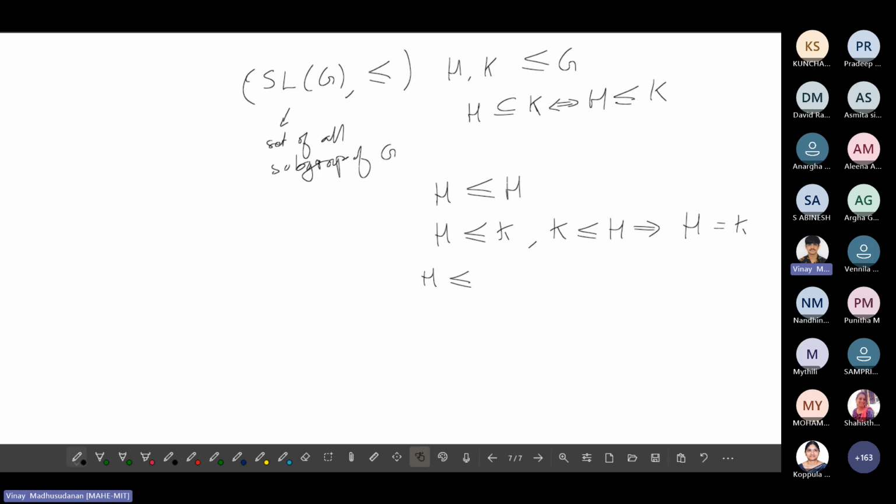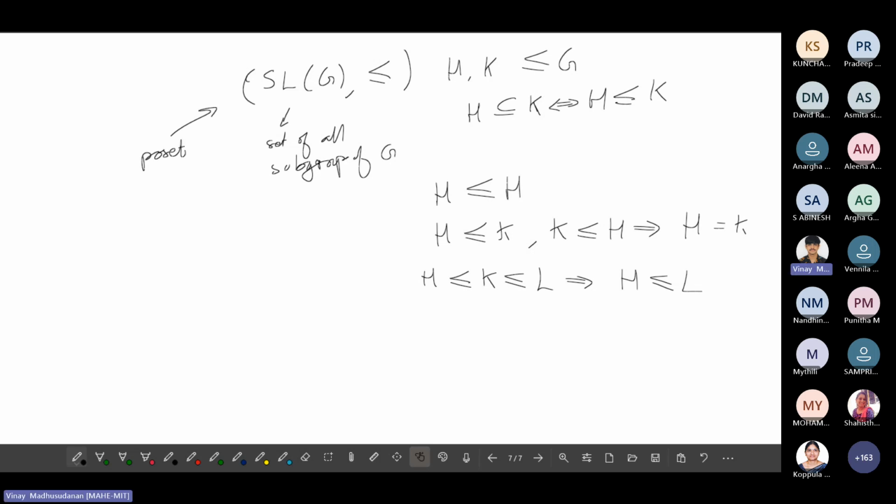Also, if H is a subgroup of K and K is a subgroup of L, then H is a subgroup of L. That is transitivity. So this relation has these three properties: reflexivity, antisymmetry, and transitivity. That makes it a partial order relation, and so this is a poset.